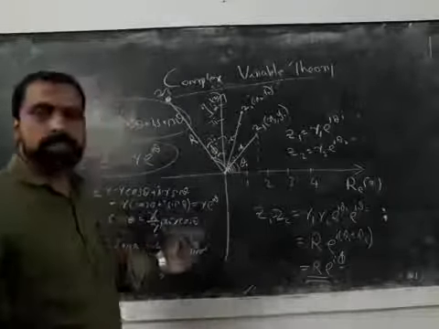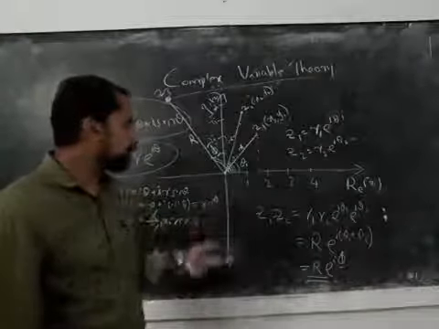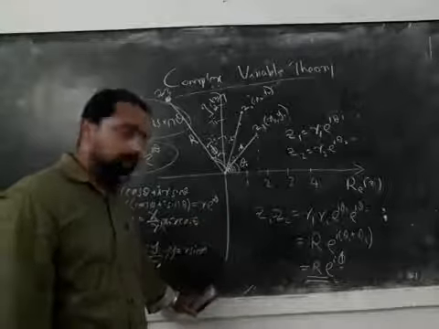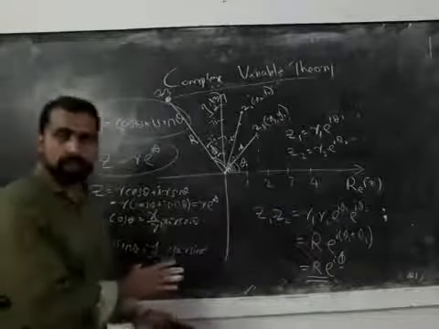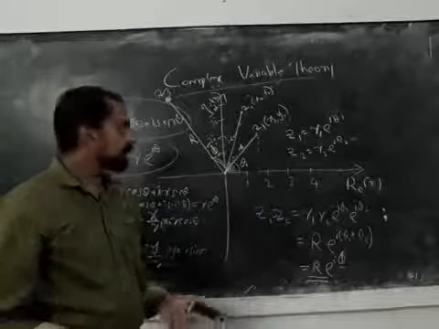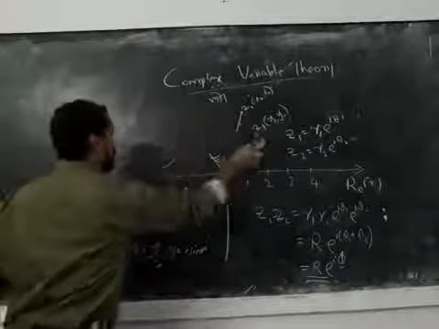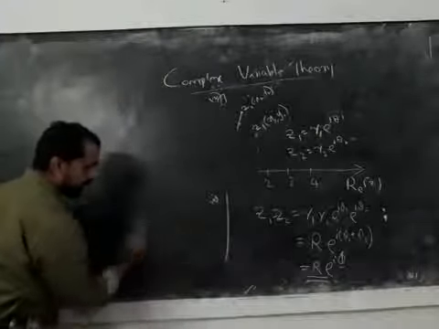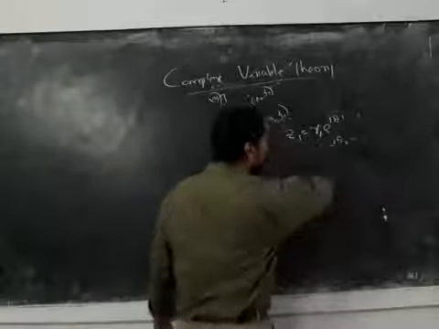These are the things I told you in the last 2 videos, and I just briefed it for those who didn't understand what I told in the last class. We will go further. I'll erase it, and I will give you more and more details about complex numbers and the complex plane.